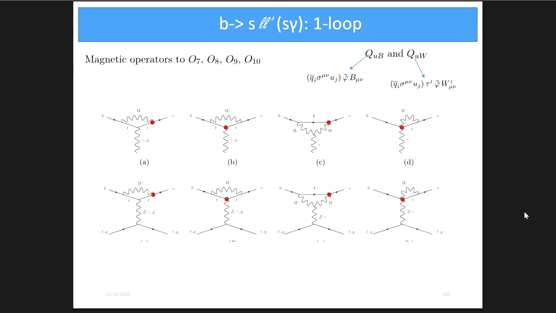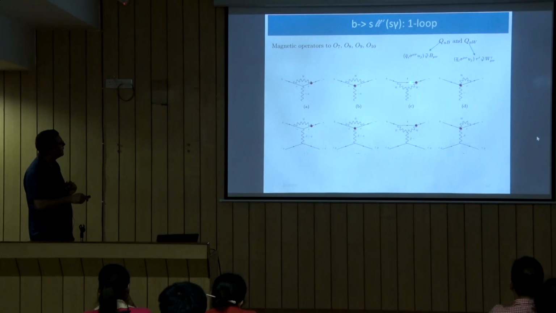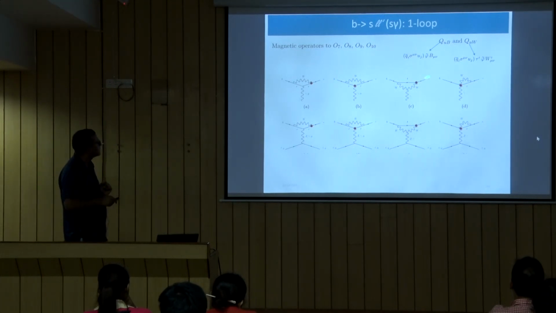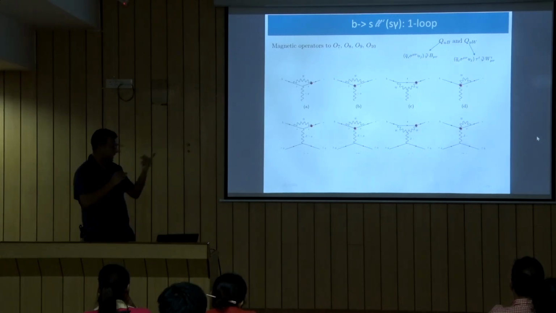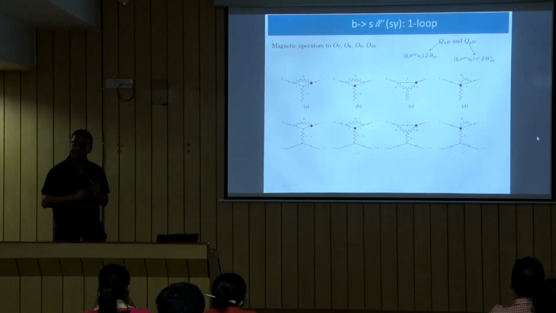So with a W you see here this and this. Okay. And other things are from this operator. So again you need to calculate all the diagrams and then follow the matching equation and extract the coefficient. That should be the idea.